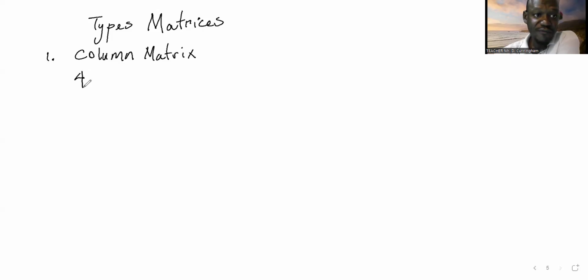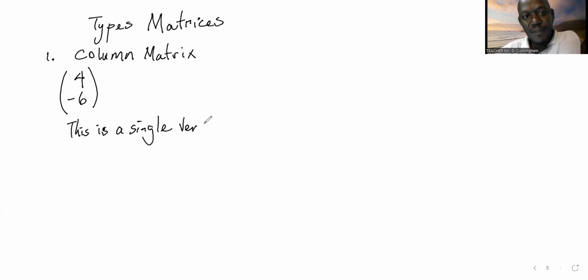We could call this 4, -6. All right, so this is a single vertical array of elements.